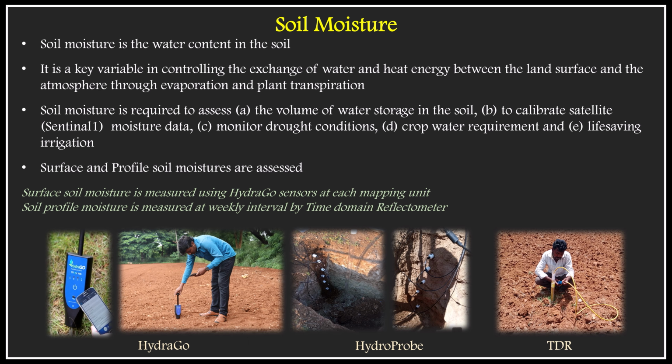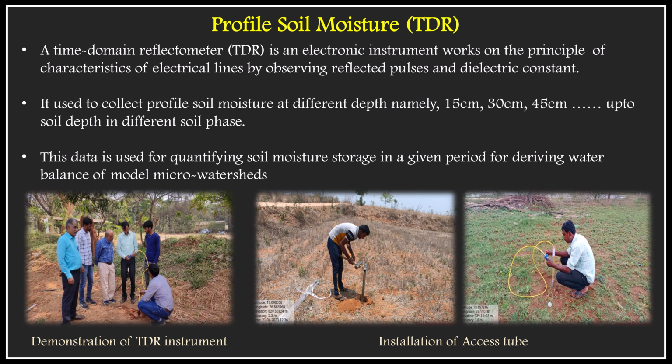A hydrogo instrument is used to measure surface soil moisture and a time domain reflectometer to measure soil profile moisture. Profile soil moisture is measured using the time domain reflectometer at different depths such as 15, 30, 45 cm up to soil depth in different soil phases.